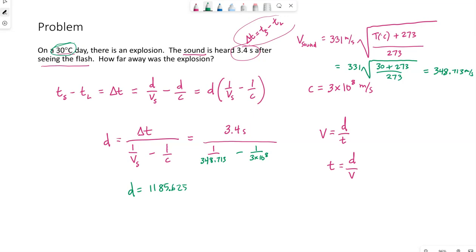So we have 2 sig figs here. So I would write this as 1.2, because we have to round that 1 since the 8 is the next number, times 10 to the 3rd meters, or 1.2 kilometers. That works great as well.